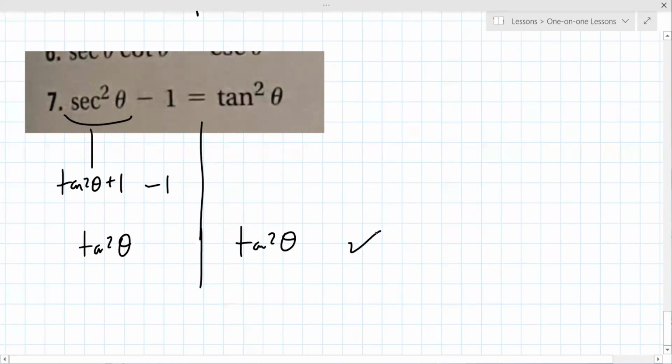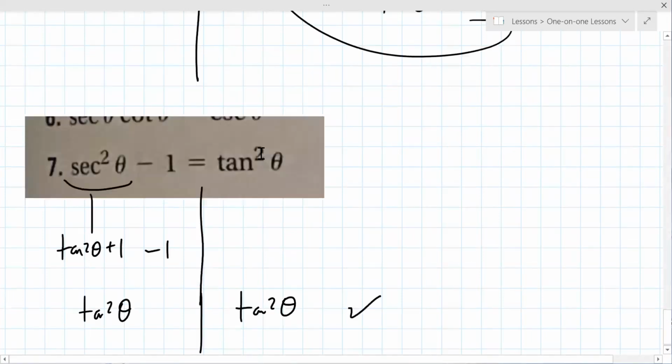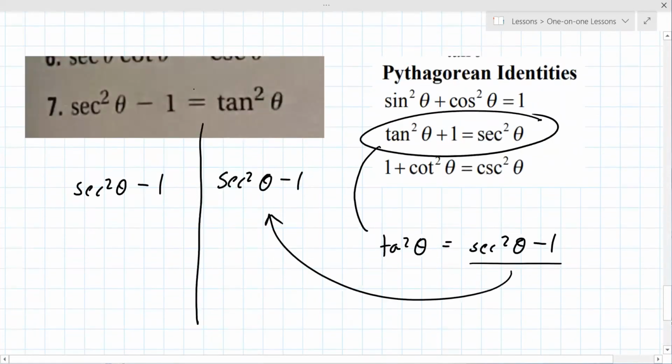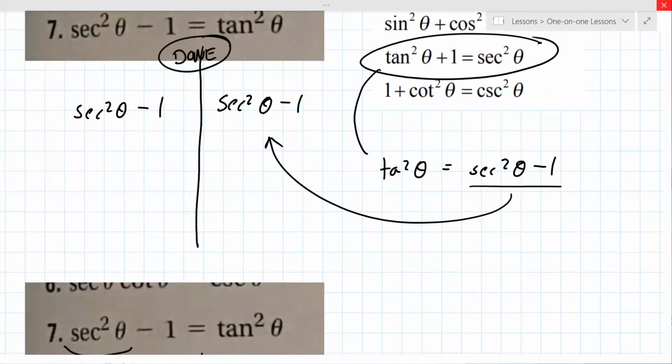Whenever the left looks like the right or the right looks like the left, you're done. I would actually just write done here. That would really be for the instructor because it is done right here. But you could show this one step, or a couple steps on the left. It's up to you.